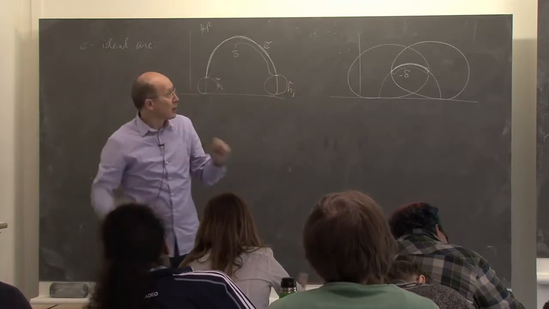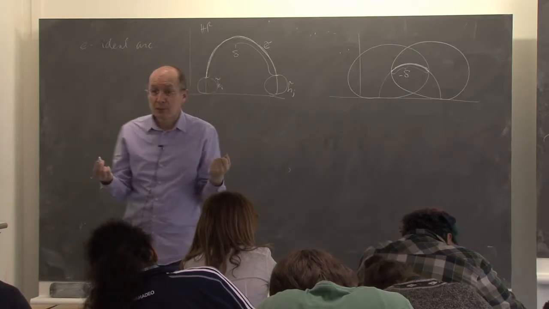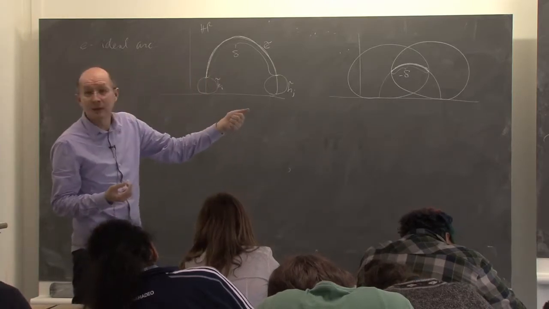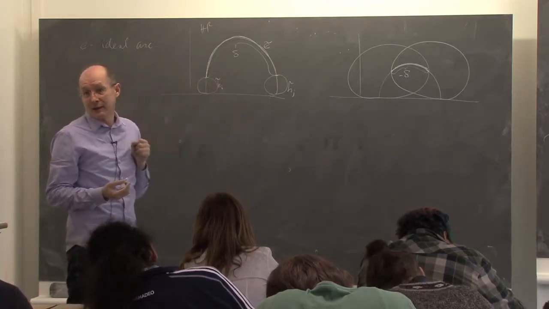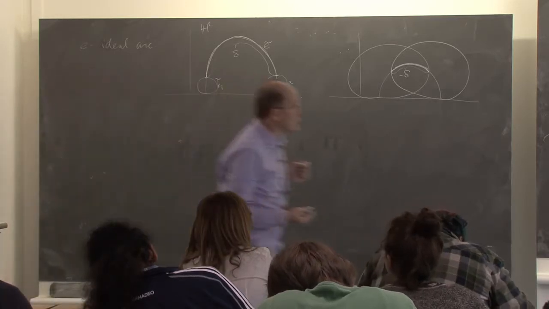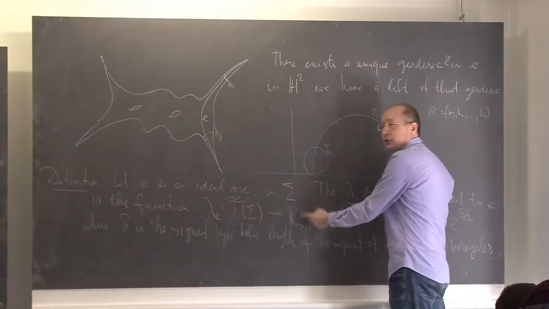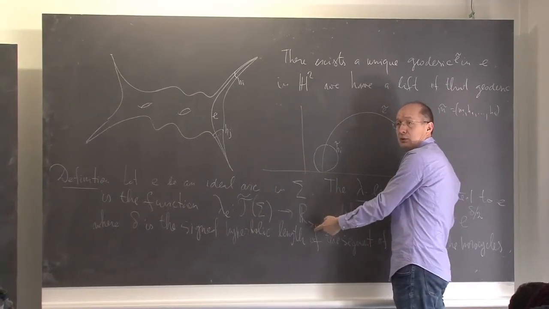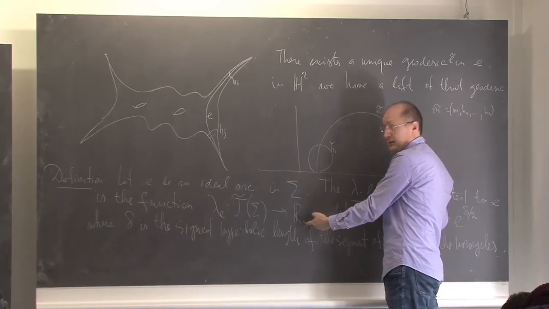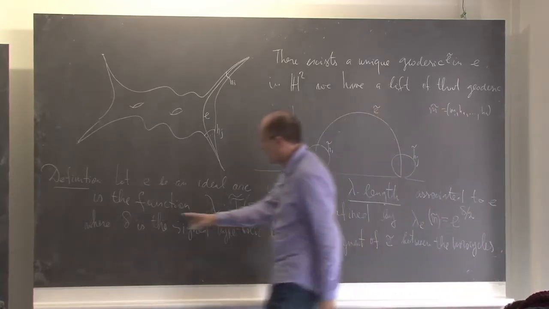So we still calculate this length, which is positive, but delta will be minus that length. And in this way the lambda length can take any positive real value, even less than 1 if the corresponding signed distance is negative.